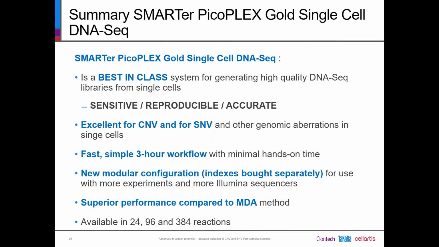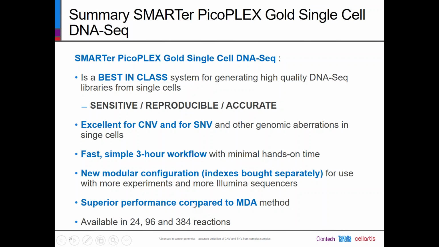This is really what you are aiming for in single-cell DNA-seq, mostly when you are looking at CNVs, but mostly when you are looking at SNVs. And Picoplex Gold performs extremely well for both of these analyses. On top of that, I think it's very important to stress again that the whole process is very fast and simple. So the fastest workflow right now on the market.